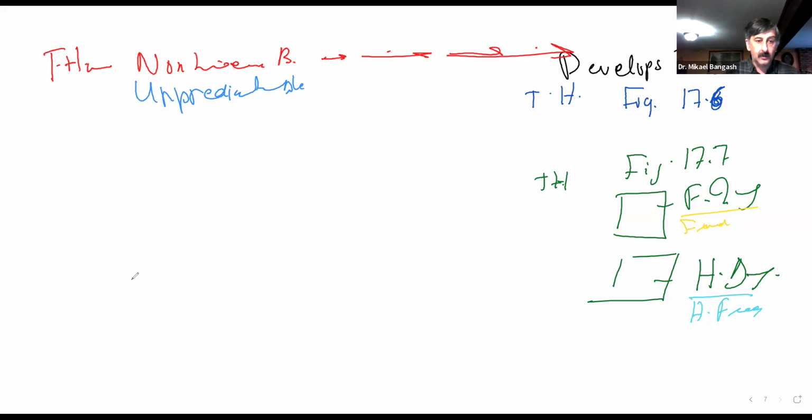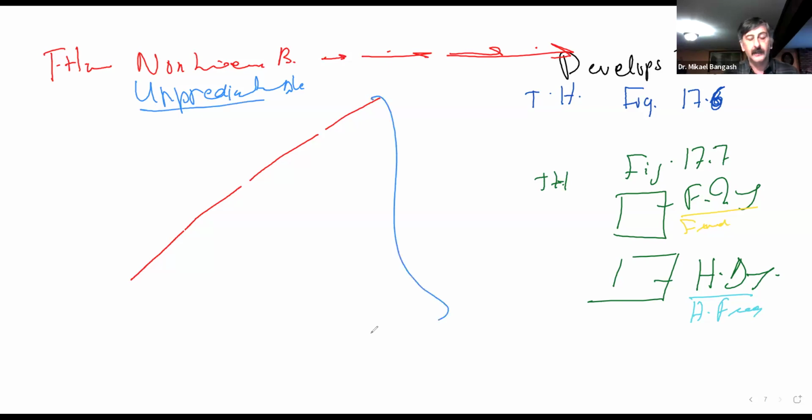That doesn't mean that once it's on the rise, it's just going to keep on rising. Because it is unpredictable, there's going to be a point where there's an abrupt decrease in your harmonics.